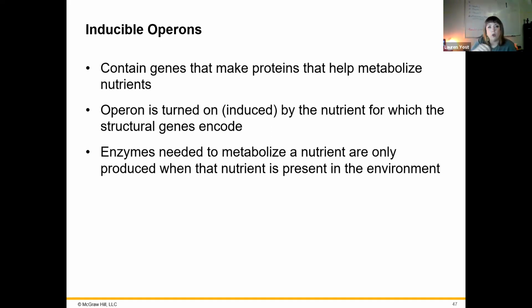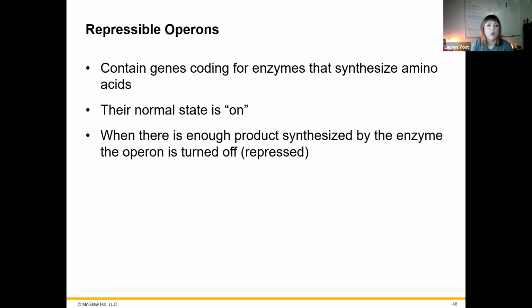They will be turned on, or induced, when the nutrient is present and we need to be able to metabolize it. Repressible operons are always on, and then when there's too much product that they've made, they're turned off so that they're repressed.